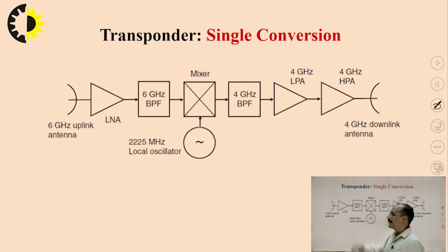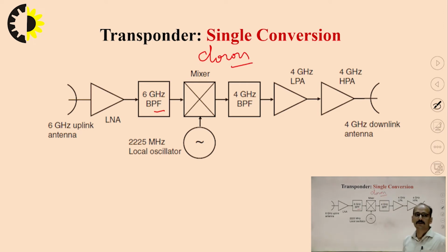Then a low noise amplifier, as I told you earlier, will amplify only the signal power, not the noise. Then a 6 gigahertz band pass filter to restrict other entries. Then, because you have to bring this 6 gigahertz frequency down to 4 gigahertz, we need a down converter.